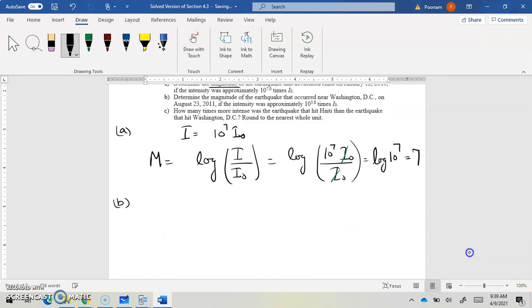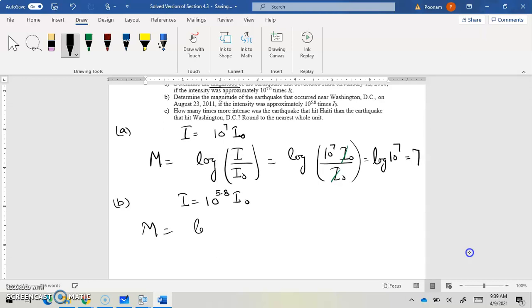Let's try part B. Determine the magnitude of the earthquake that occurred near Washington, D.C. on August 23rd, 2011 if the intensity was approximately 10 raised to the power 5.8 times I naught. So I here is given to be 10 raised to the power 5.8 times I naught.